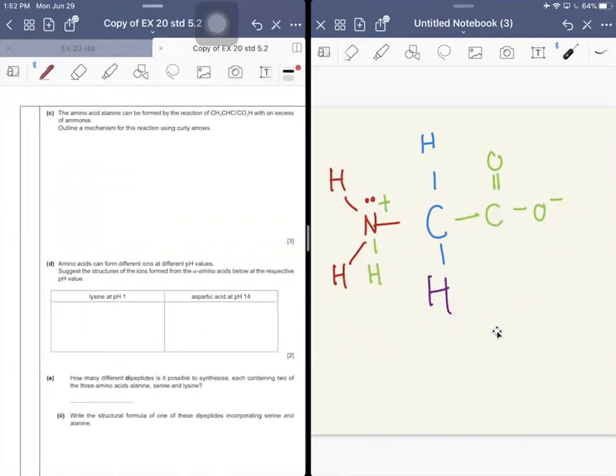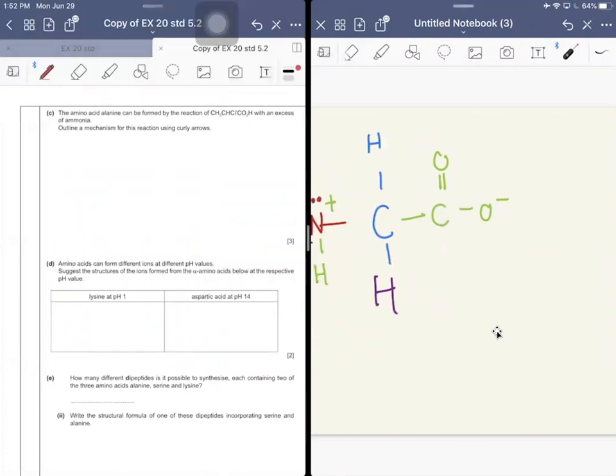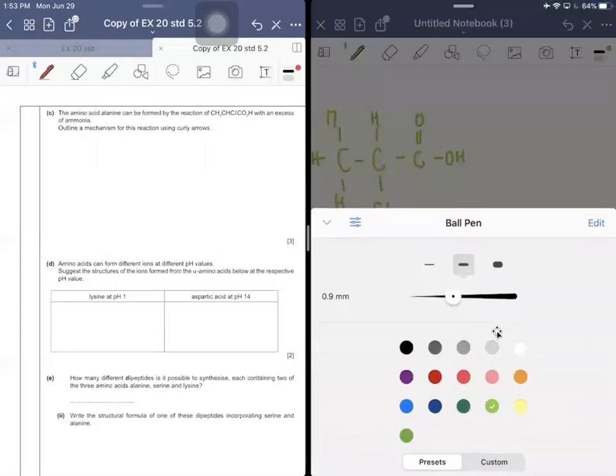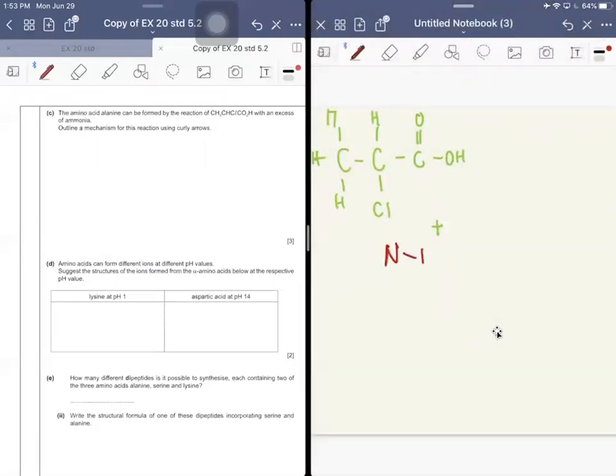Okay, next: the amino acid can be formed by the reaction of CH3CHClCOOH. I'm just going to draw this structure first: CH3, CHCl, and COOH, plus ammonia, maybe in a different color, NH3.